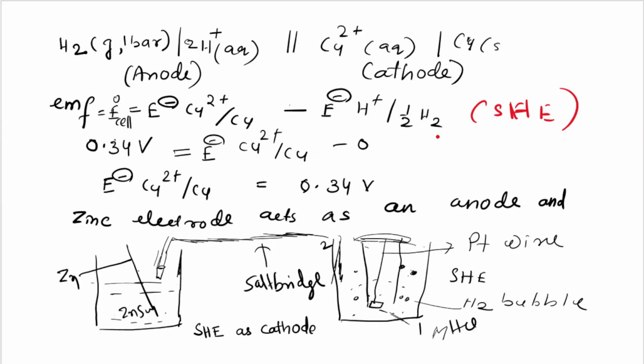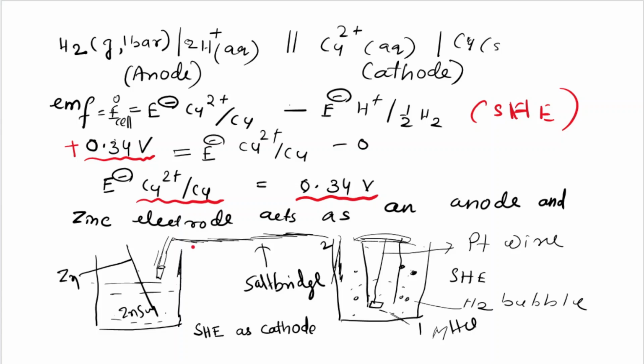Here S.H.E. acts as anode where the value is 0, and copper plus 2 value for the whole cell is 0.34 volt. This sign you can also write as plus. Then how can you calculate the electrode potential of copper? That is 0.34 volt. This is the value of the copper electrode by using the standard hydrogen electrode.